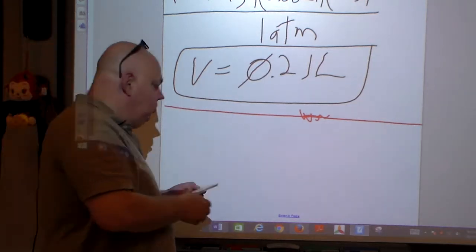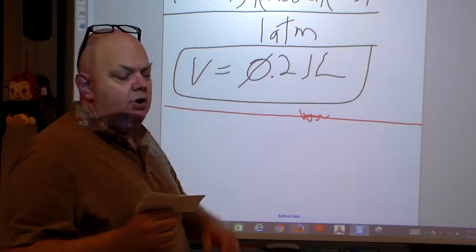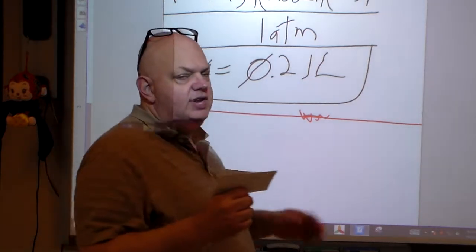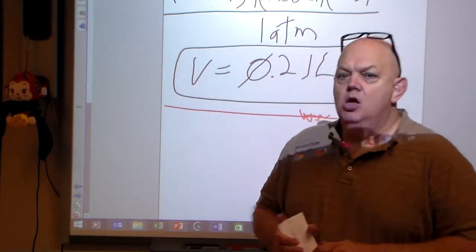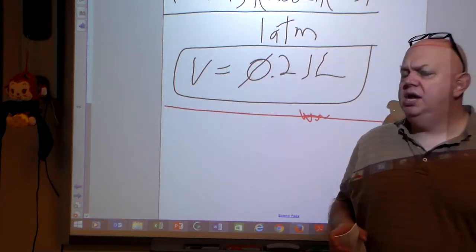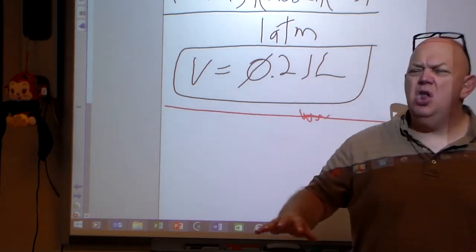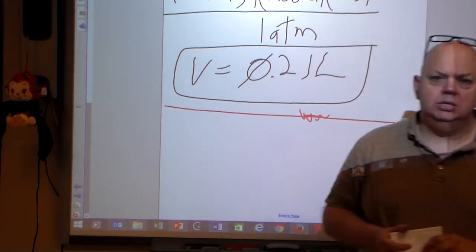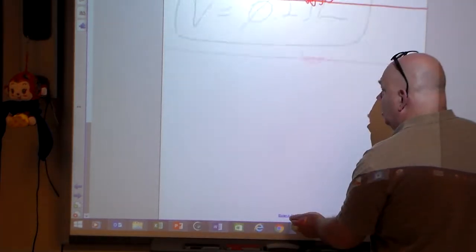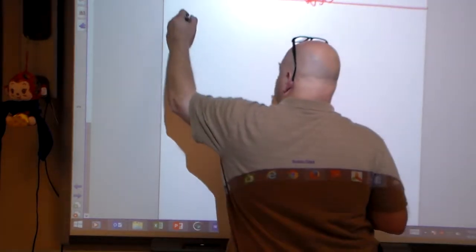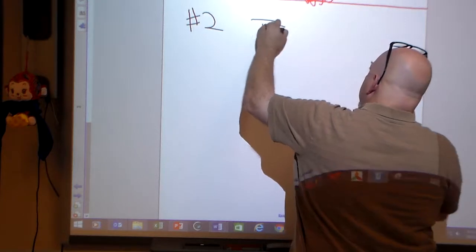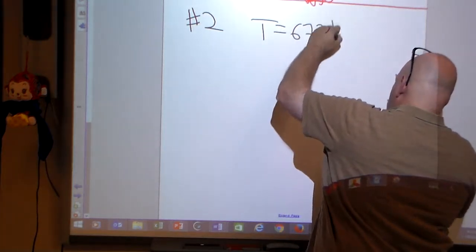So our next question, they gave us another situation, okay, where it says at 400 Celsius and 740 torr. So the same amount of mercury 2 oxide, we're heating it up, but we're doing it under non-STP conditions, okay? So in this case, for part 2, our temperature is going to be 673 Kelvin.